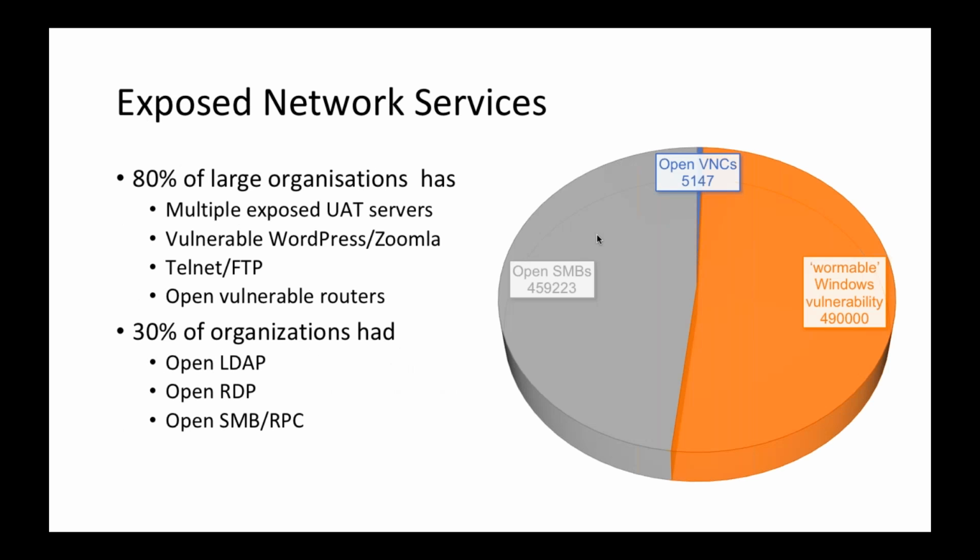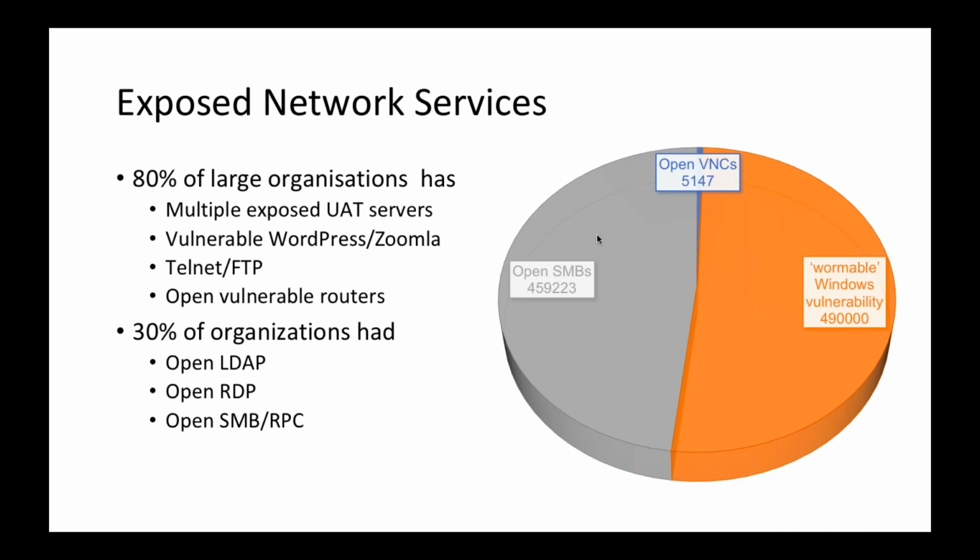Then we also have seen a lot of these exposed network services. We see that 30% of large organizations have some exposure in terms of LDAP, RDP, etc. 80% or even more of large organizations always have some UAT servers exposed or have some telnet, FTP, etc. We have seen very commonly open vulnerable routers, especially with a few specific brands which I don't want to name in public.